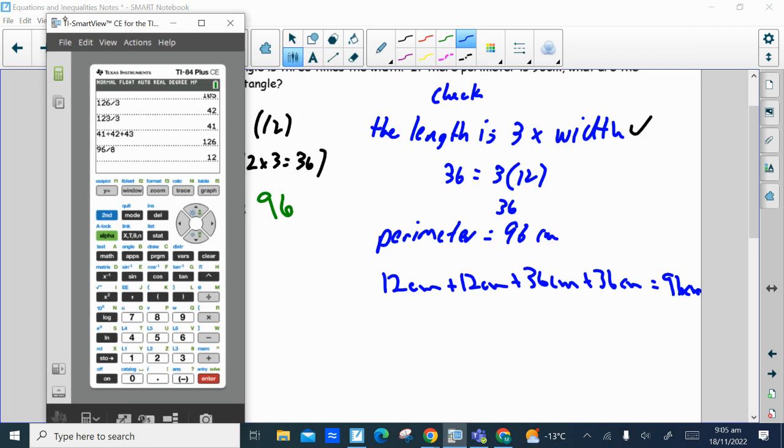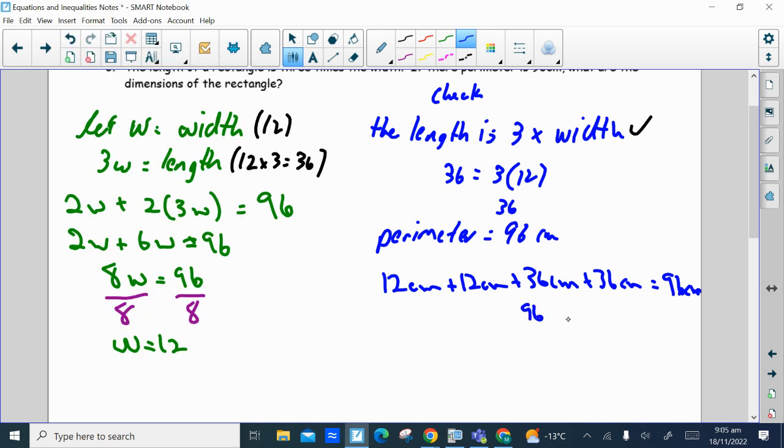So we'll get our calculator out. 12 plus 12 plus 36 plus 36 does equal 96. So that checks as well.